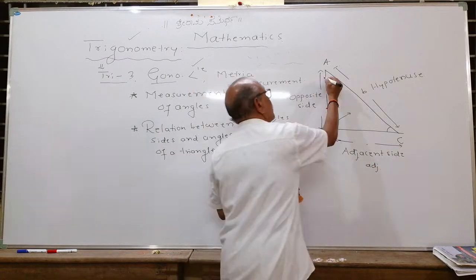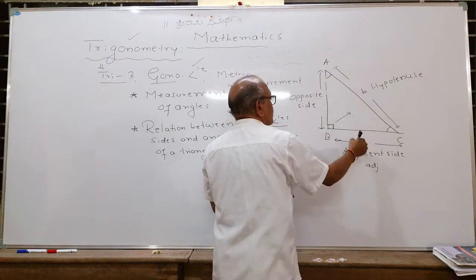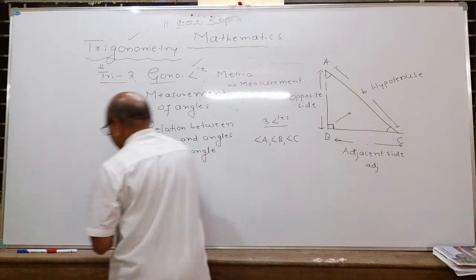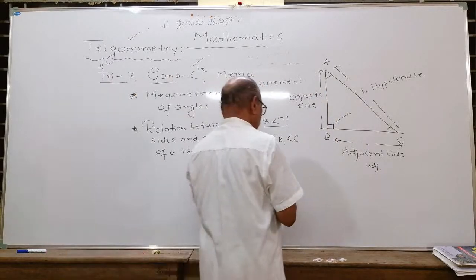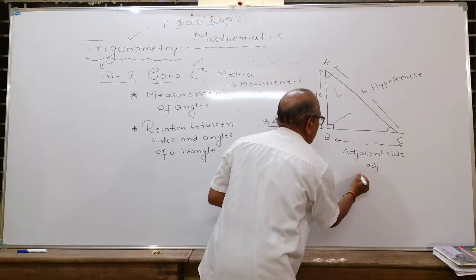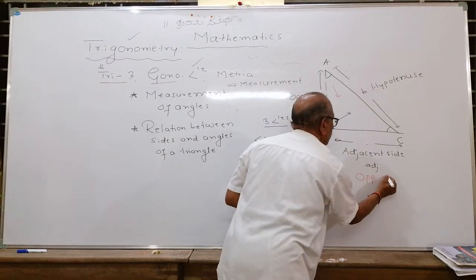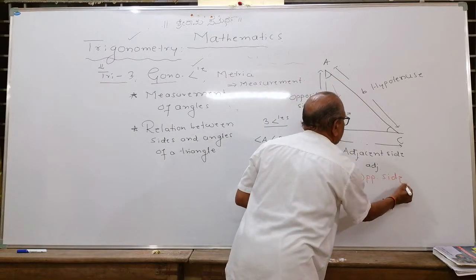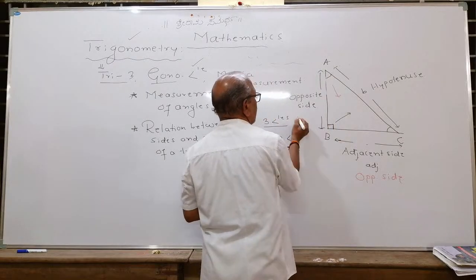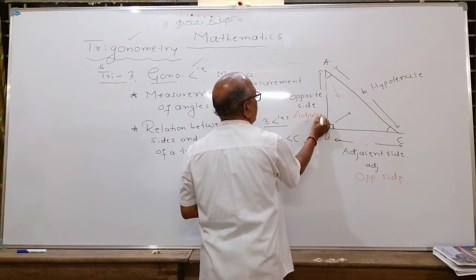And if you take angle A, then BC becomes the opposite side. Only these will change. With respect to A, the adjacent will be AB.